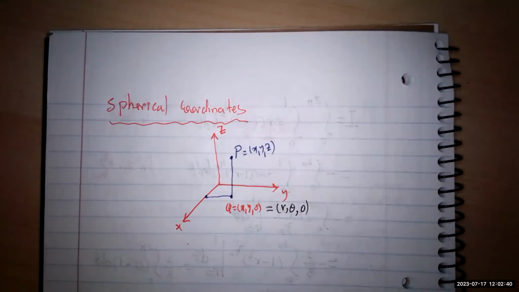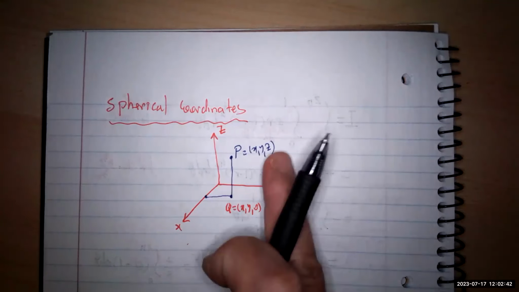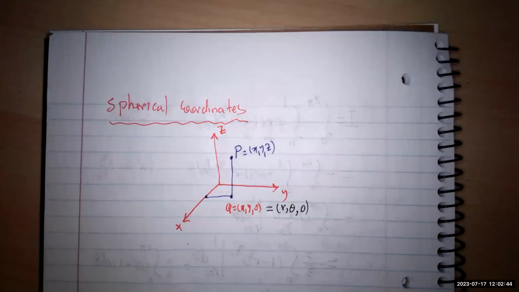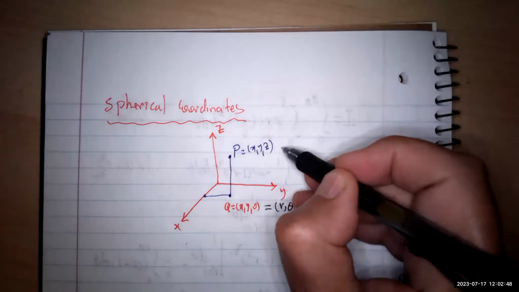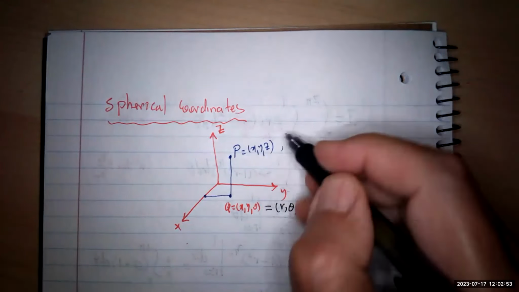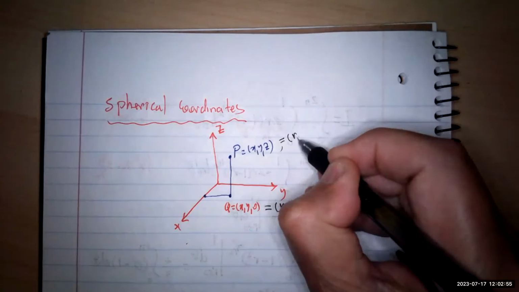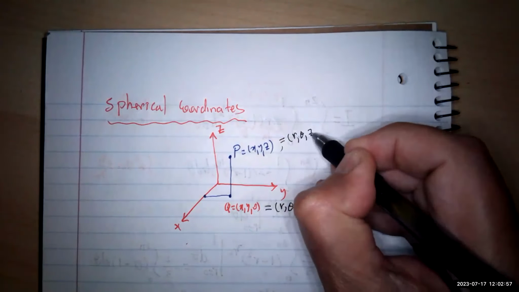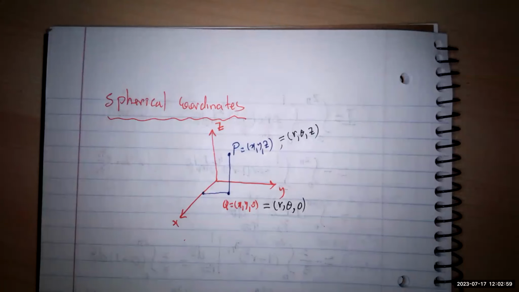And we fixed the z over there. So we changed x, y into r and theta, and z. So that's a cylindrical one.